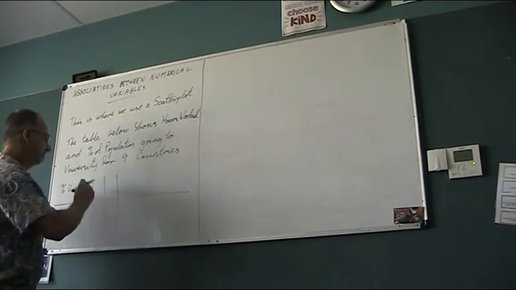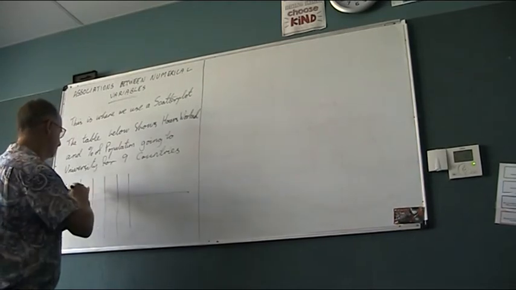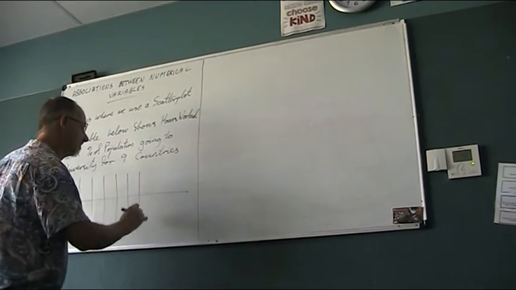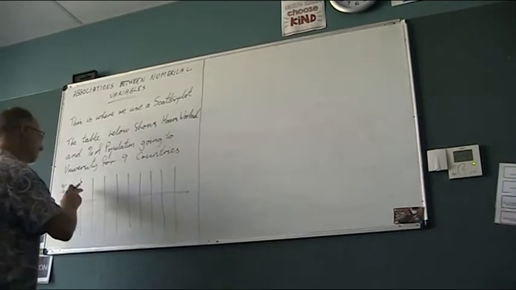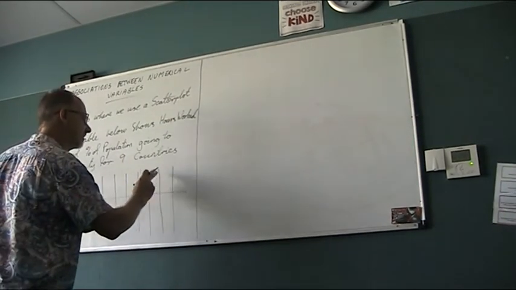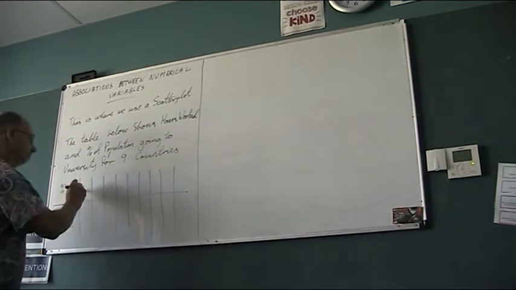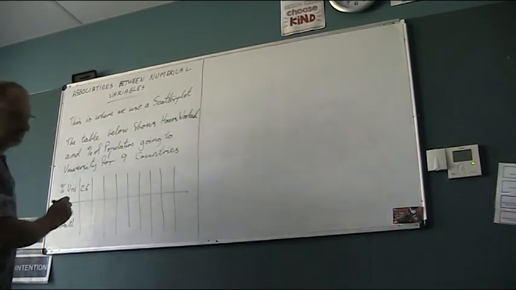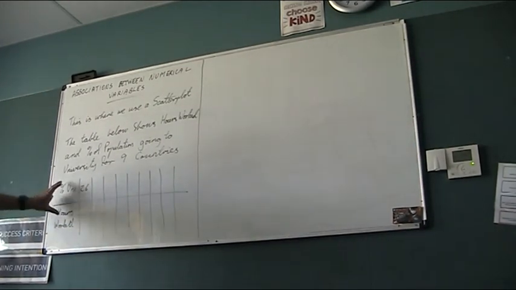So each of these pairs of things is for one of the countries. So we need 9 of them. 1, 2, 3, 4, 5, 6, 7, 8, 9. Is it 2 by 9? Well, there's 10 including this, but yeah, 2.